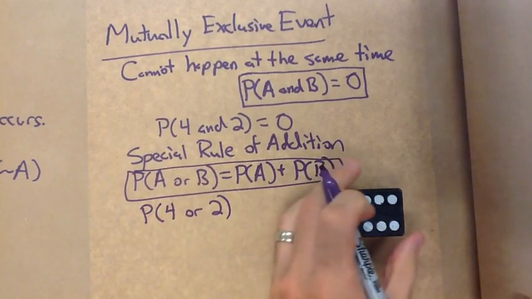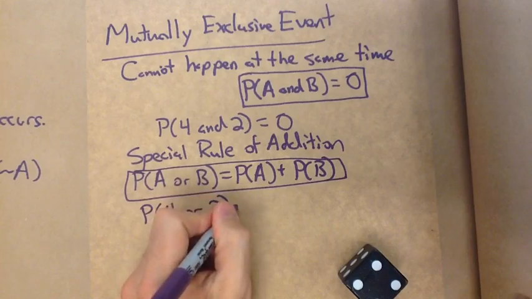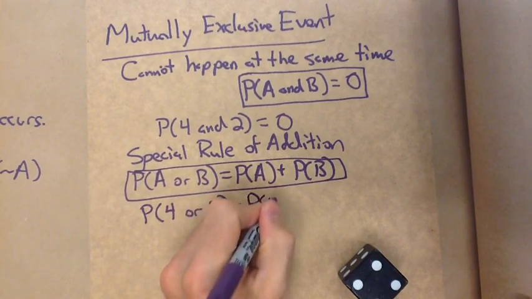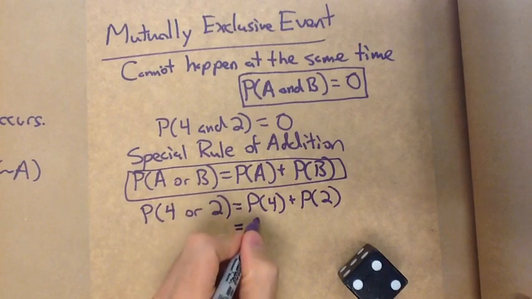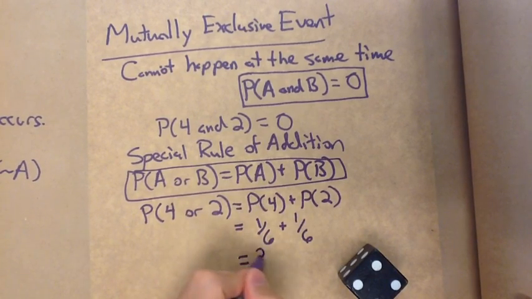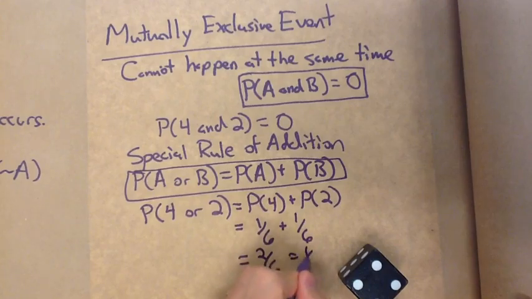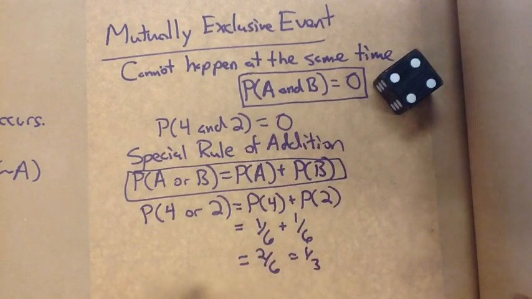Now that's possible. Or means it's either a 4 or a 2. This means I can break it up to the probability of a 4 plus the probability of a 2. Now, 6-sided dice, I have 1/6 plus 1/6. I get 2/6 or a 1/3 probability I roll a 4 or a 2.